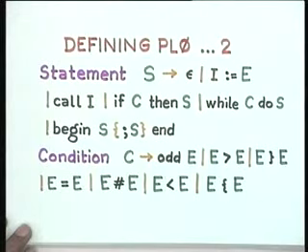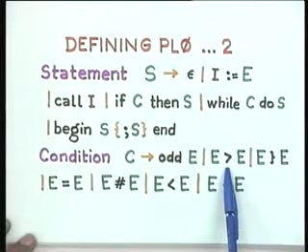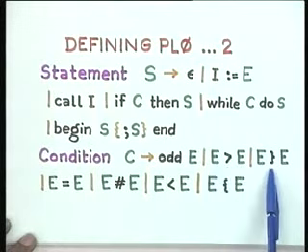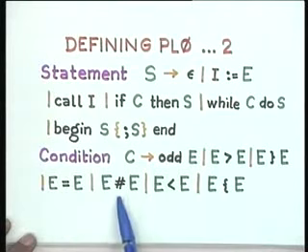I have simplified the original language to a certain extent by using single letter relational symbols. That's why you have these odd looking symbols. So this is the standard greater than, this is greater than or equals, this is equals, this is not equals.